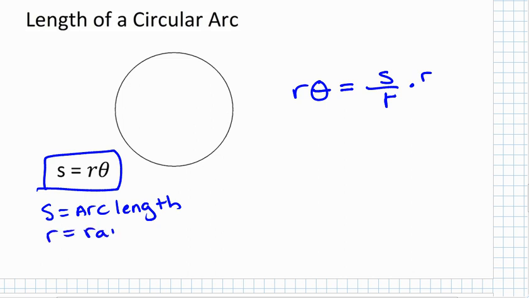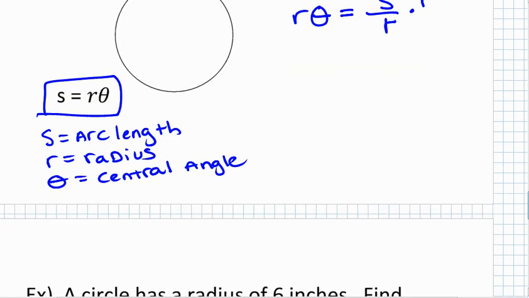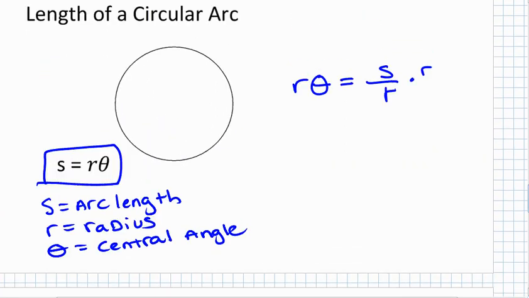R is radius, theta is your central angle. And so notice here, if I drew a picture of it, this is your central angle, this is your arc length, and this is your radius.